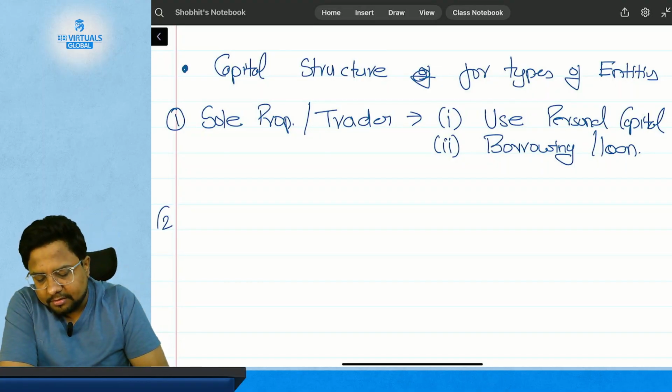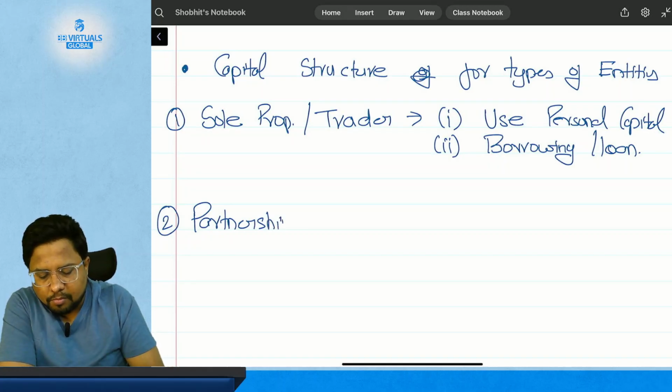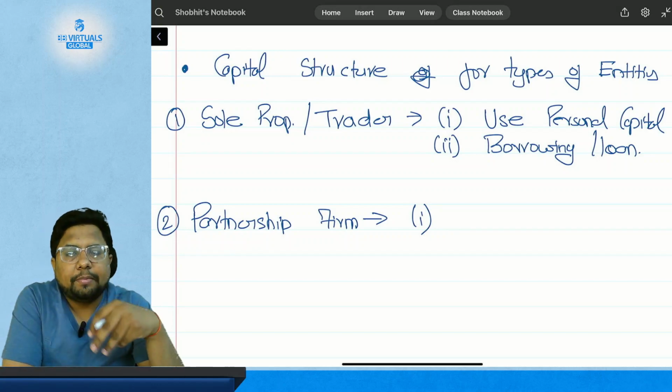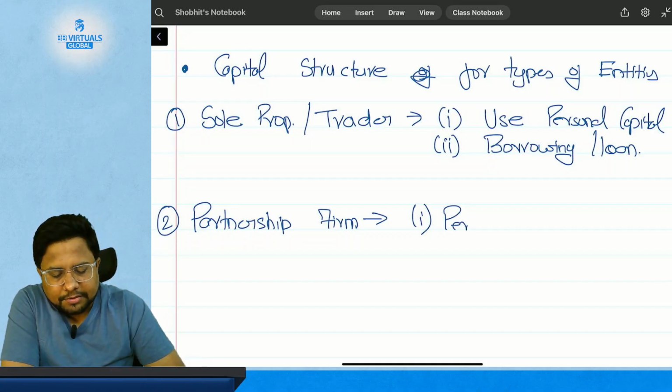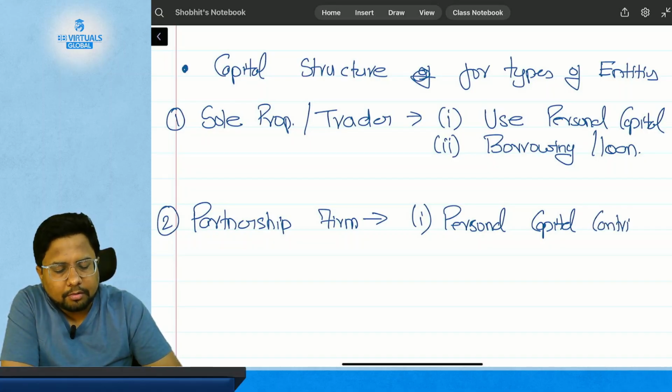Then the second type of business entity is the partnership firm, where we can also have two types of source. The first one is the personal capital contributed or brought in by the partners of the firm.